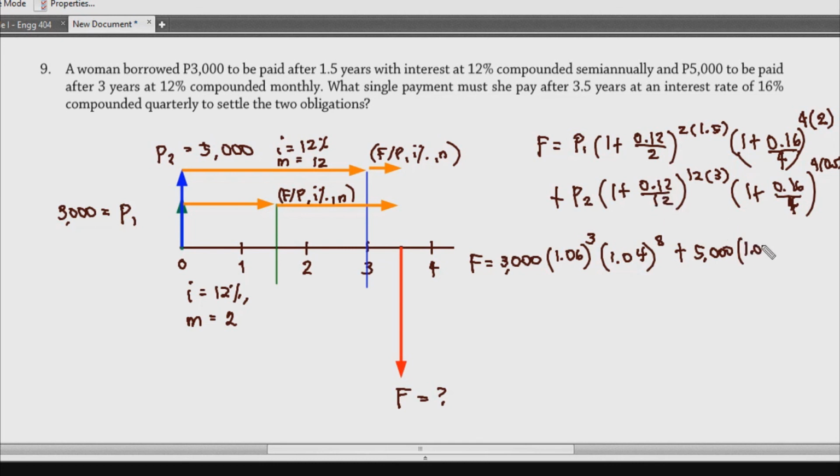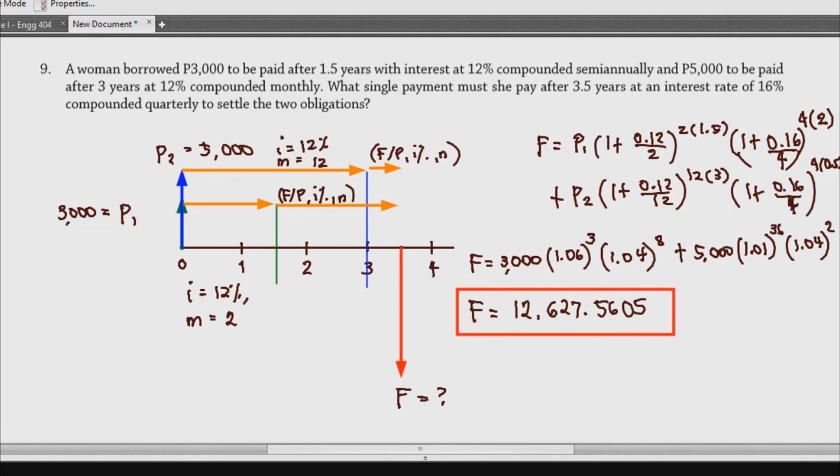So 1.01 raised to 36 times 1.04. Now 4 times 0.5 would be, I think that is 2. Okay, so this is your value of F, which gives you an equivalent of 12,627.5605 pesos yan.